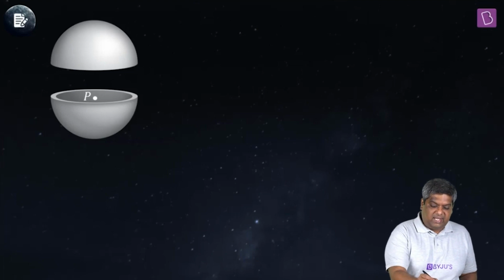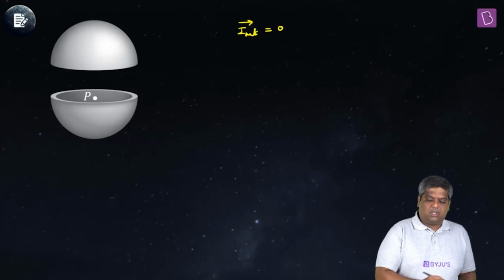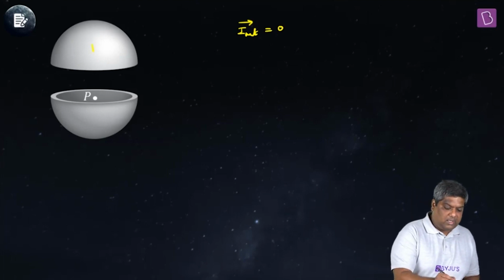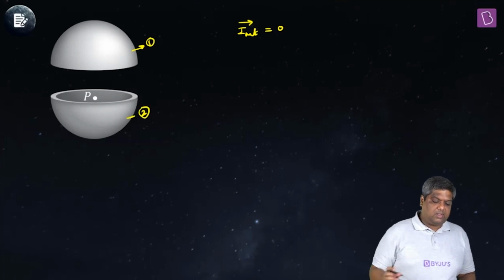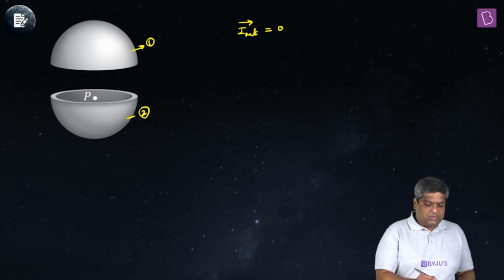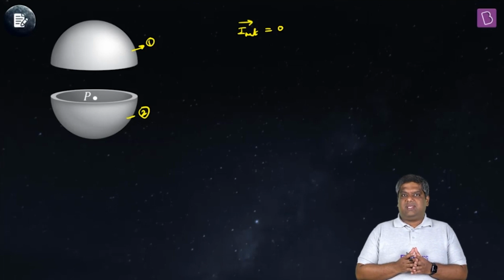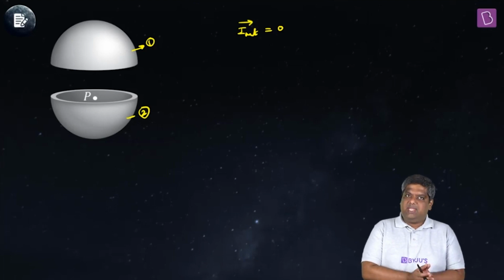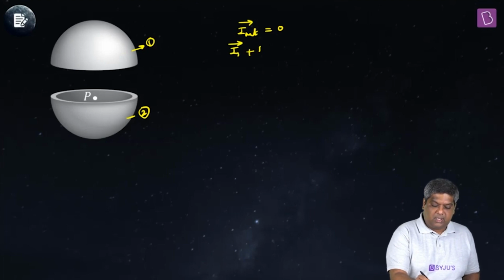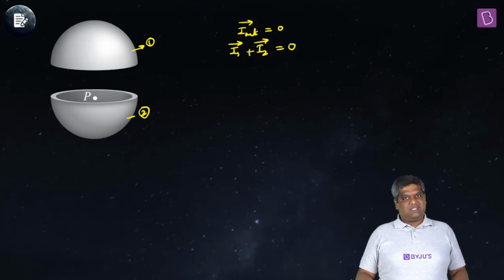So if the net field is 0, the net field at point P is due to part 1 and part 2 of the shell. Both of them contribute to the gravitational intensity at point P. And if the corresponding gravitational intensities are I1 and I2, they should always add up to 0.